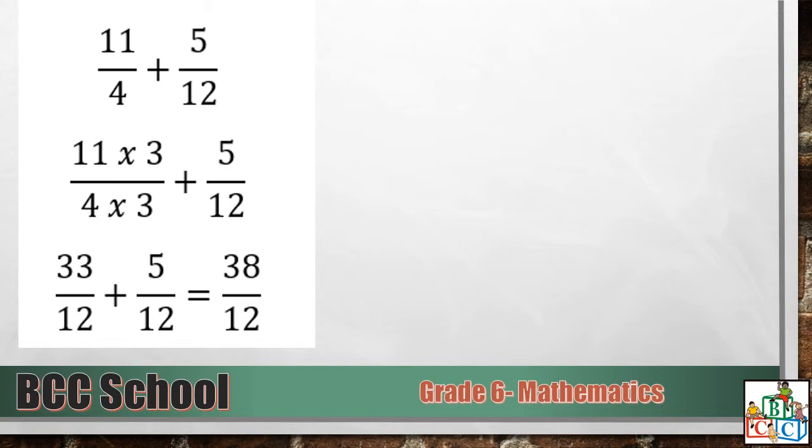Here we have taken the denominator 12. 11 over 4, you have to change the denominator into 12. 4 times 3, 12. 11 times 3, 33. 33 plus 5 is equal to 38 over 12.